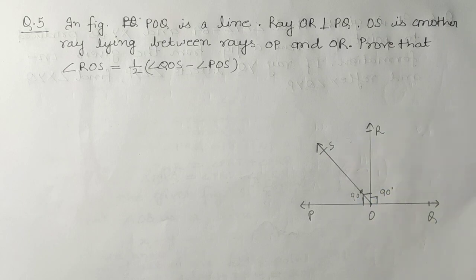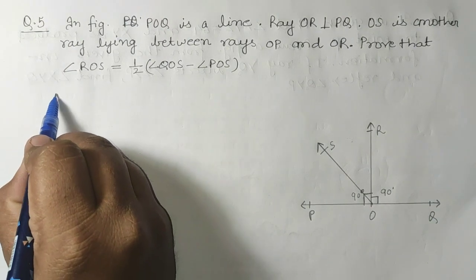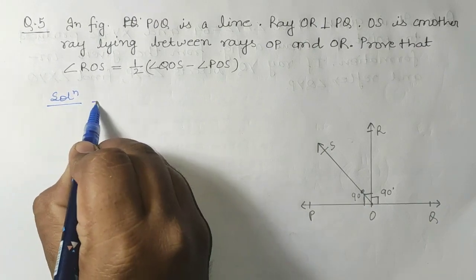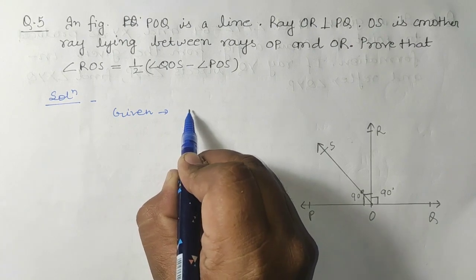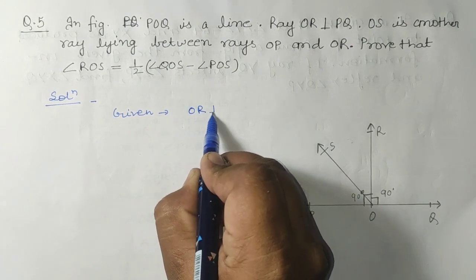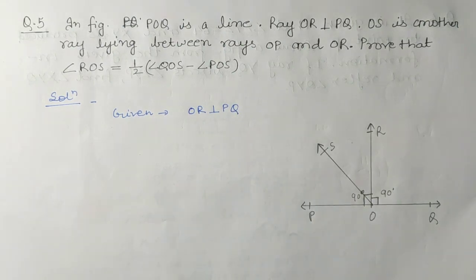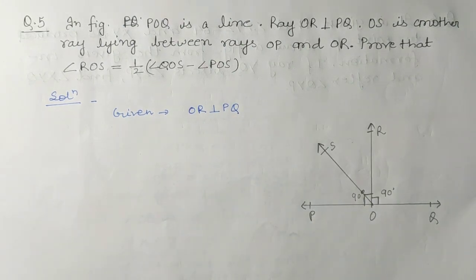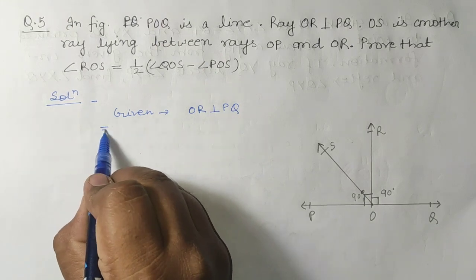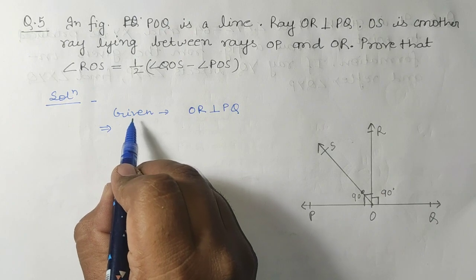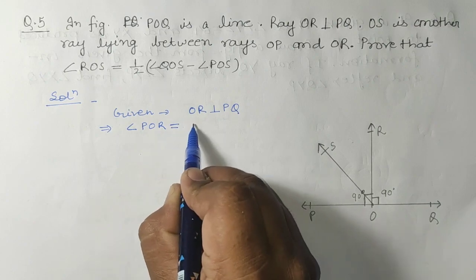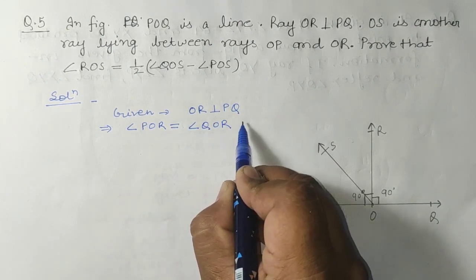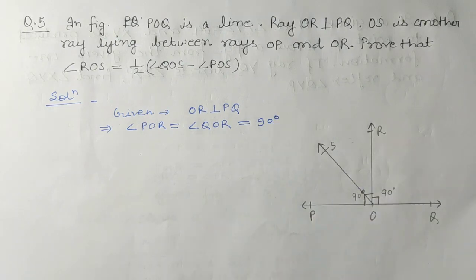So let us see how we'll solve the question. Firstly, we'll write what is given. It is given that ray OR is perpendicular to PQ. So if OR is perpendicular to PQ, this will imply that angle POR is equal to angle QOR is equal to 90 degree.